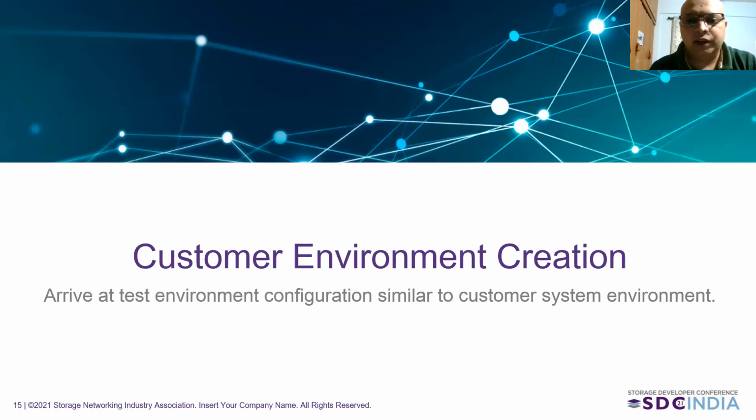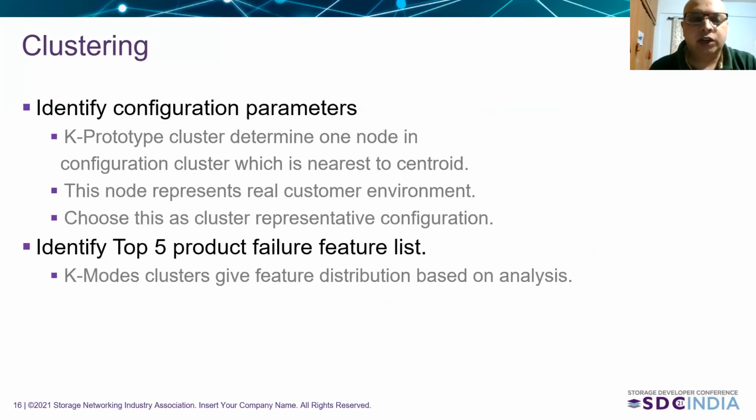Now coming to the cluster customer environment creation. Basically we have to arrive at a test environment configuration similar to the customer system environment. As I mentioned earlier, we have to identify the configuration parameters.